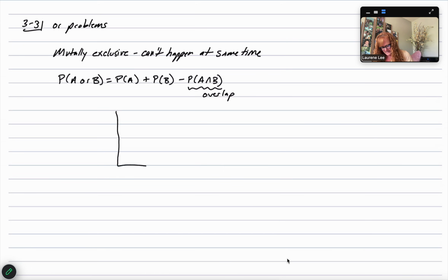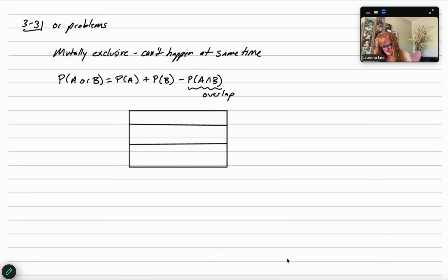Let's say that we have a table. Let's do this. We've got a table, and let's just say we're going to measure again men and women, and we're going to have cats and dogs.